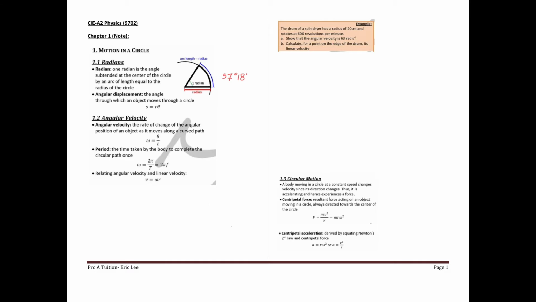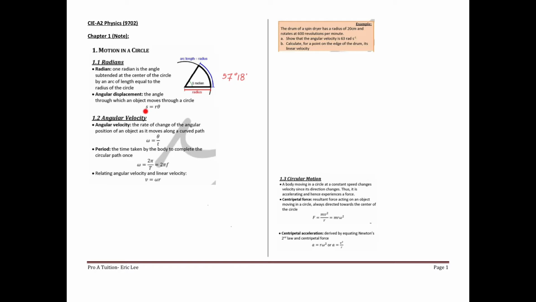So let's move on to the second point, angular displacement. Angular displacement is the angle through which an object moves through a circle. The formula given here is S equal to R theta.